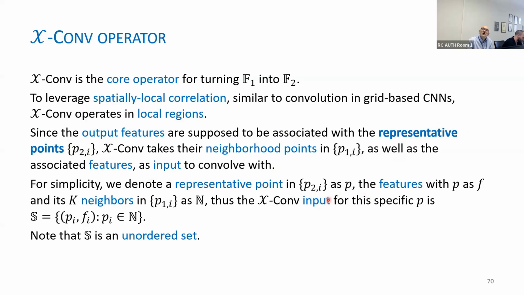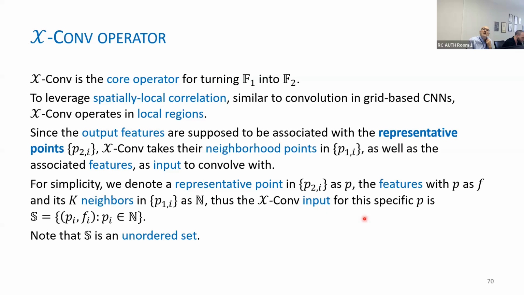So here, as notation, they use p to represent this selected point, these representative points, and the feature which is associated to the point p is derived from K neighbors, also in this case. Neighborhood points are those at the previous level, so P1.